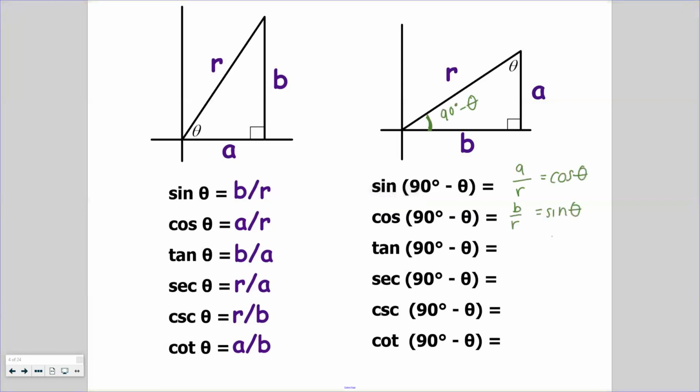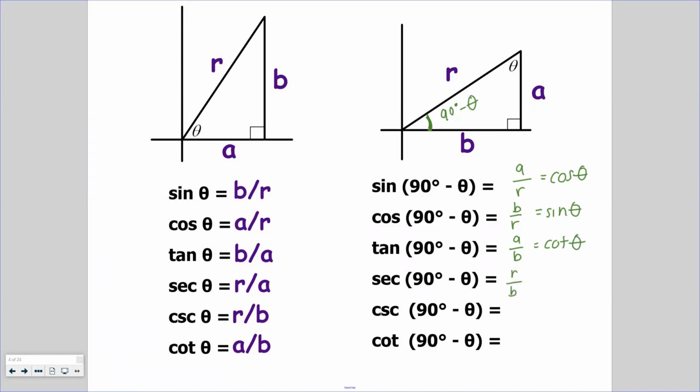Okay, so tangent of 90 minus theta, well, tangent is just a over b. It's opposite over adjacent, but we called a over b the cotangent of theta. And then the secant of 90 minus theta, well, secant is just the reciprocal of cosine. So we have r over b in this case.